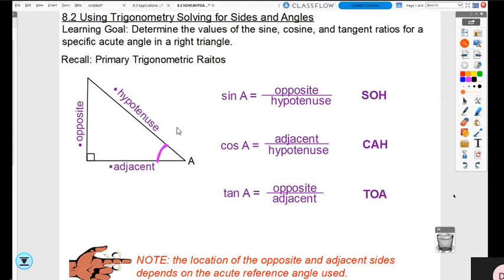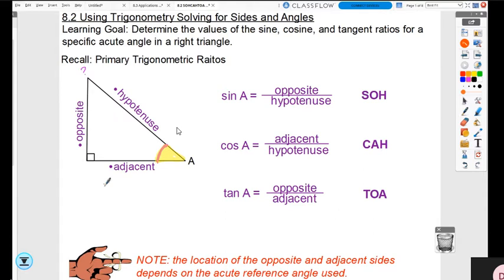Now remember, just like from the other day, the way you label your triangle is always from the perspective of the reference angle down here, this angle A. If we chose a different angle, perhaps the one up here, the way we label our triangle would change.